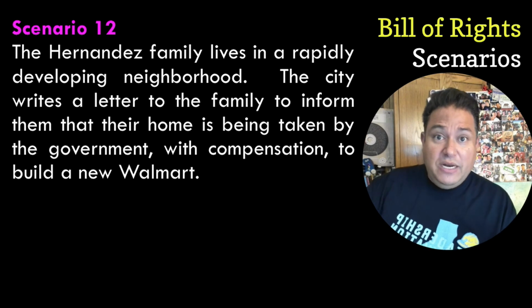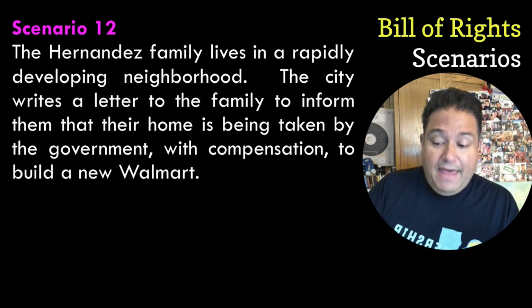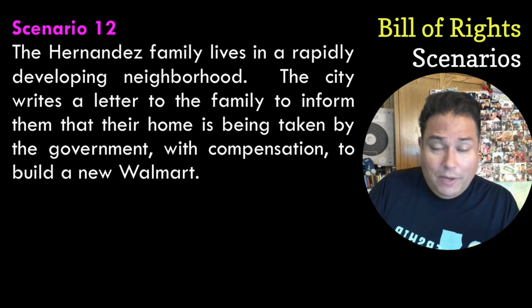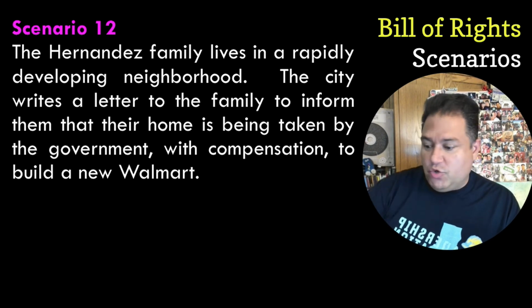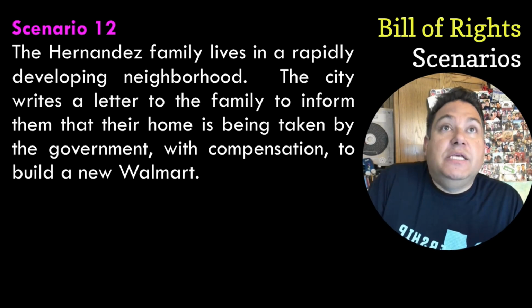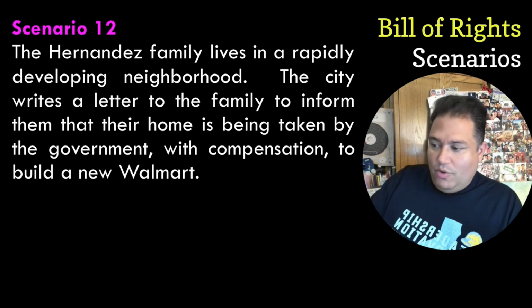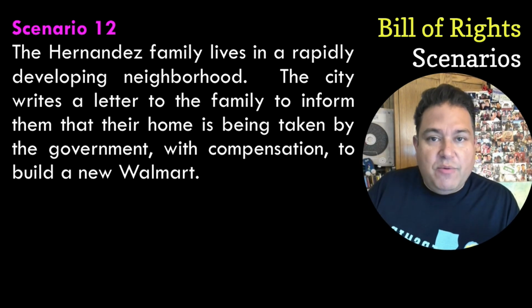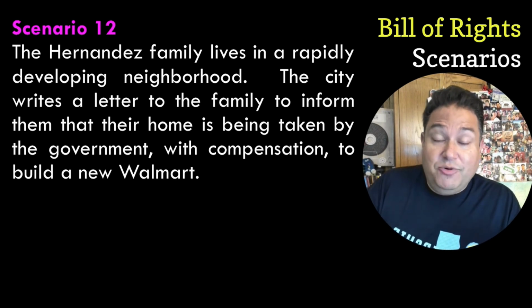For example, if you need to build a freeway and it needs to go through a certain city, and there's one person's house or two people's houses or 10 or 20 people's houses right in the path of the freeway, to try to go around a neighborhood would cost millions and millions of dollars more to reroute a freeway. When you're designing freeway systems, you design the best, most direct path. And sometimes that goes through neighborhoods.